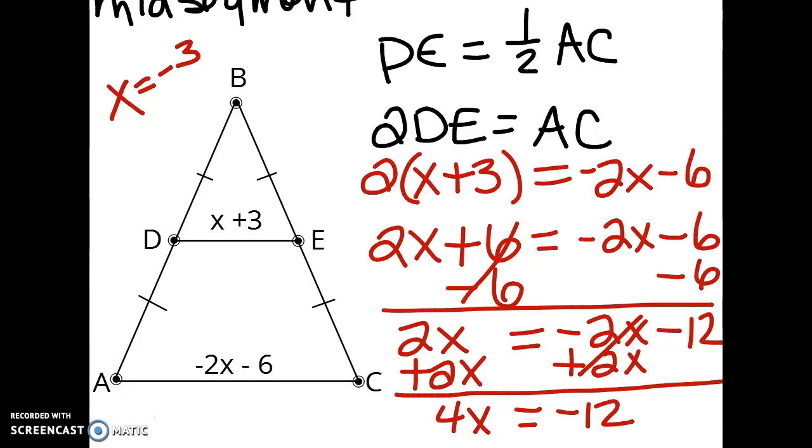Or if it asked me to find the length of AC, I would put in negative 3: negative 2 times negative 3 is positive 6, and 6 minus 6 is 0. That makes sense. Why? Because 2 times 0 is 0, and 0 divided by 2, or multiplied by half, is 0. I guess this triangle doesn't exist.